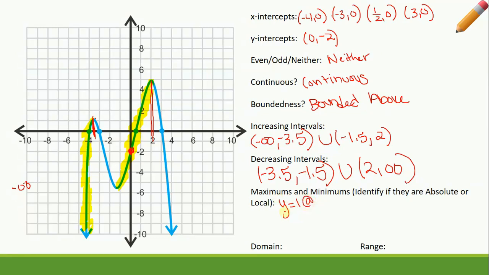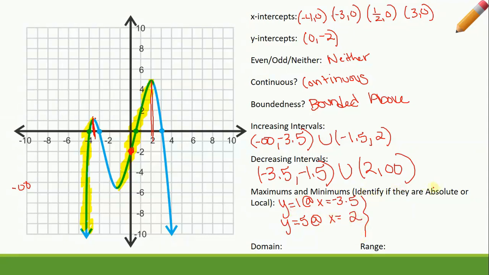Or you can do this, y equals 1 at x equals negative 3.5. There's a couple of different ways you're going to find that. I haven't really found a general consensus. If you just put y equals 1, that works too. It's sometimes better though to identify the x value with it so that you know where it is on the graph. And then I also have another max right here at 2, 5. So that would be y is 5 at x is 2.